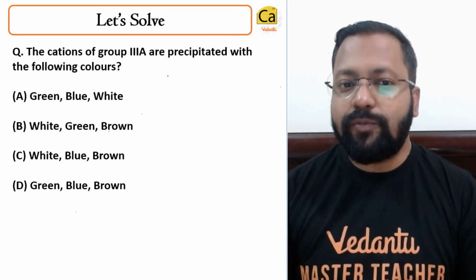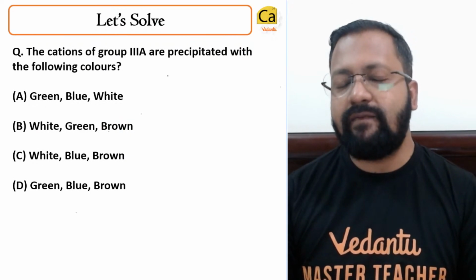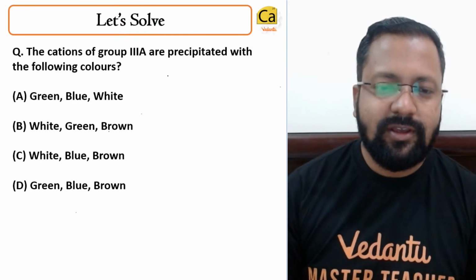The cations of group 3a are precipitated in the following colors.